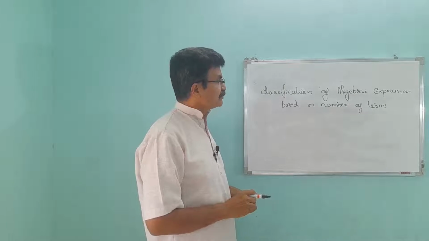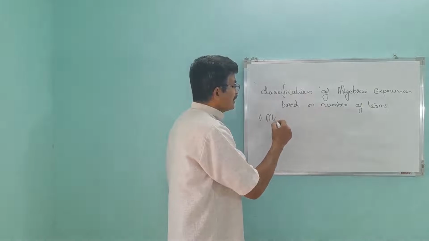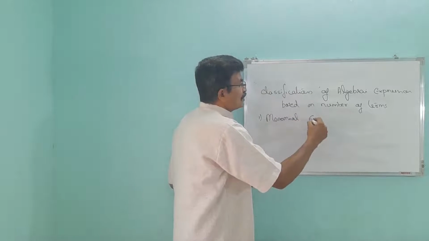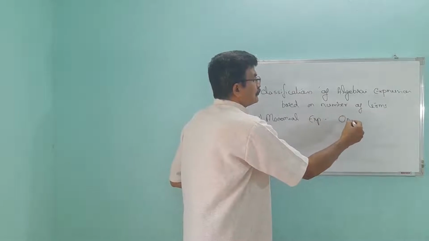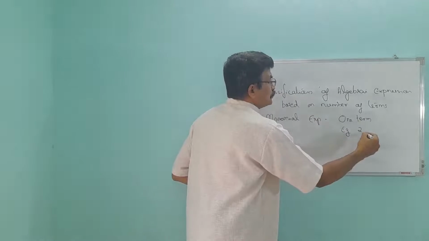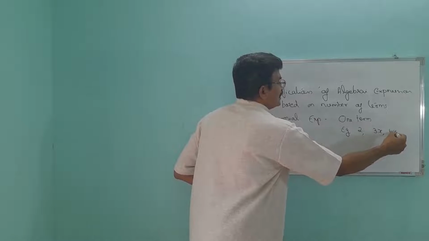Classification of algebraic expressions based on the number of terms. Monomial expression: one term. Examples: 2, or 3x, or 4y square.